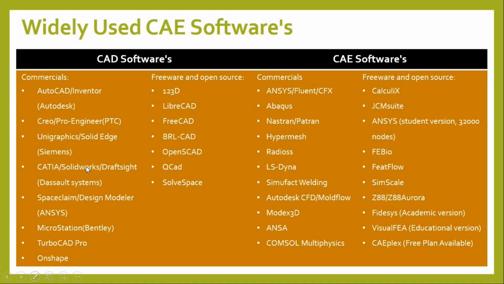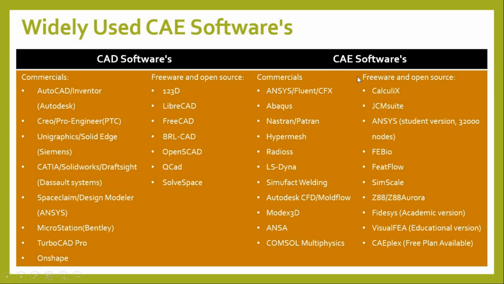These are the commercial software, and there are also free or open source ones available. If you don't have a license, you can refer to 123 CAD, LibreCAD, FreeCAD, BRL-CAD, OpenSCAD, QCAD, and SolveSpace. You can easily download them from Google.